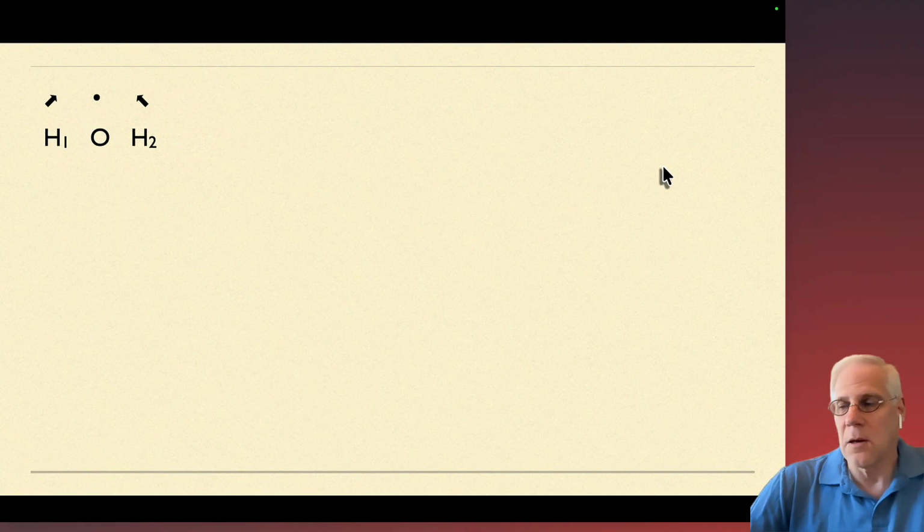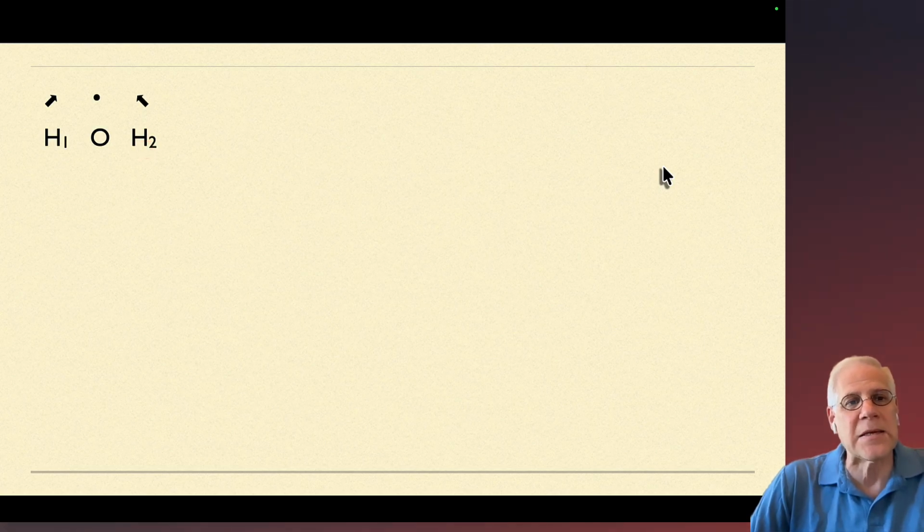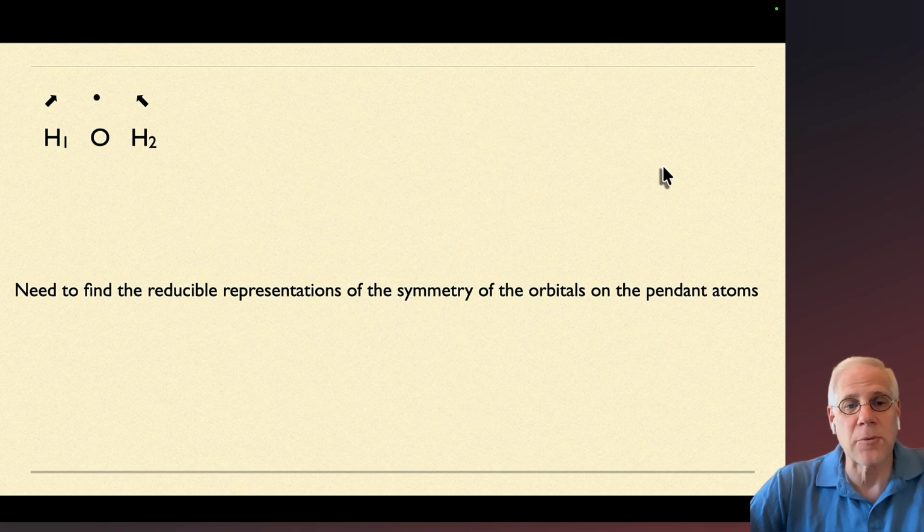Okay, so here's our molecule here. We're going to distinguish the 2 hydrogen atoms from each other, H1 and H2. We want to make sure that we keep that identity separate so that we can see, did the hydrogens change place, because that does affect what the symmetry operation has done to the molecule.